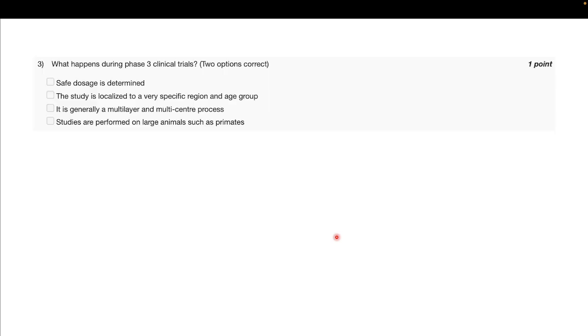What happens during phase 3 clinical trials? And we have to select two options from this. Ma'am, fourth one.